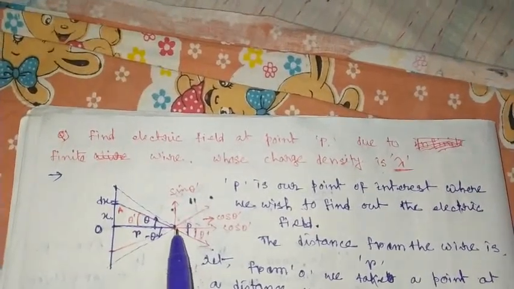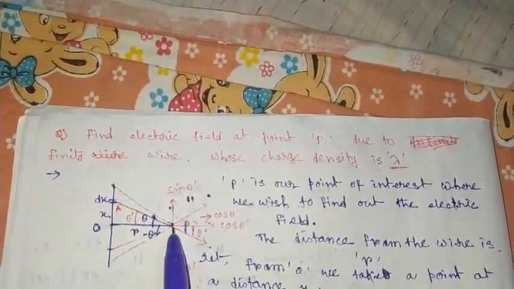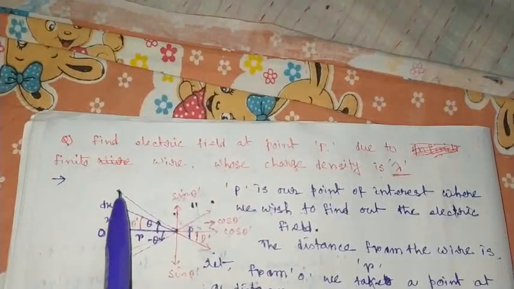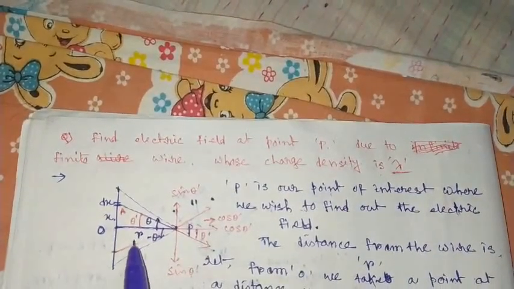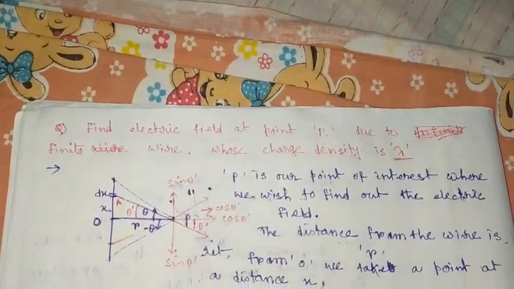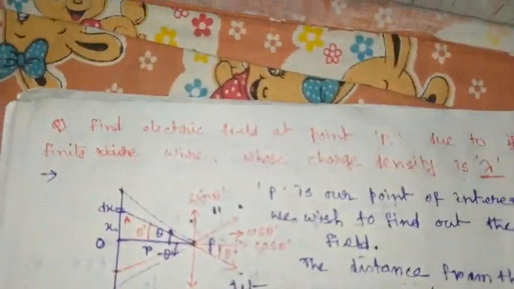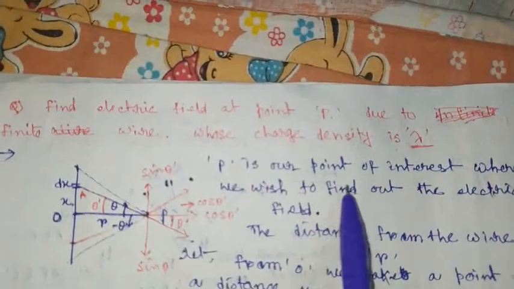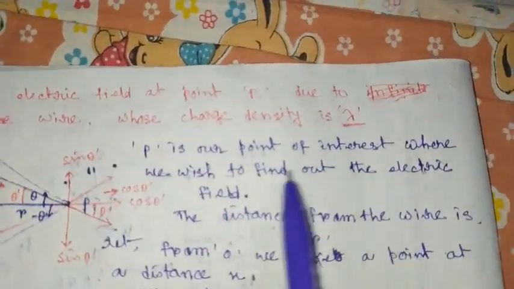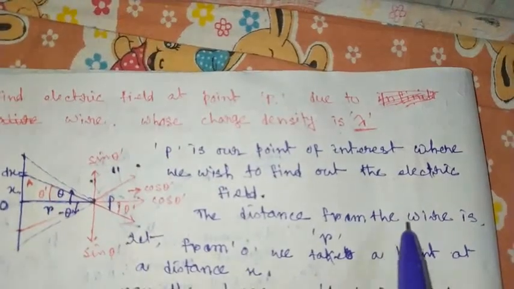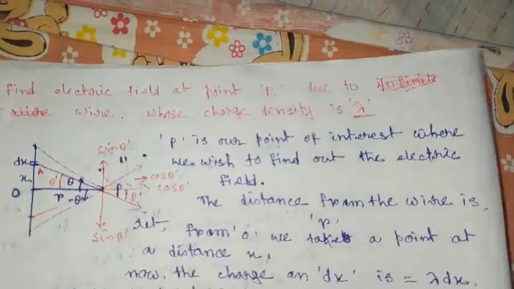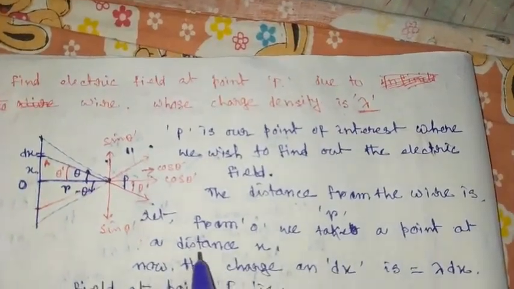If we draw a perpendicular from point P onto the wire, the OP distance will be r. So P is our point of interest where we wish to find the electric field, and the distance from the wire is r, as I have already mentioned.